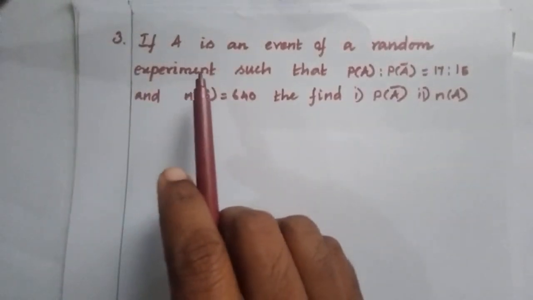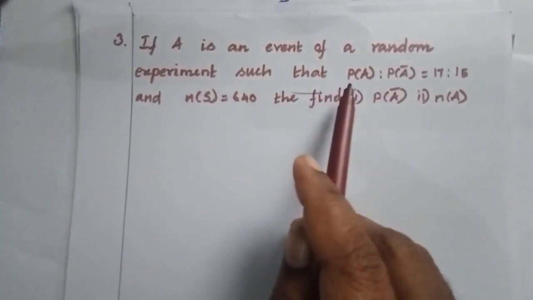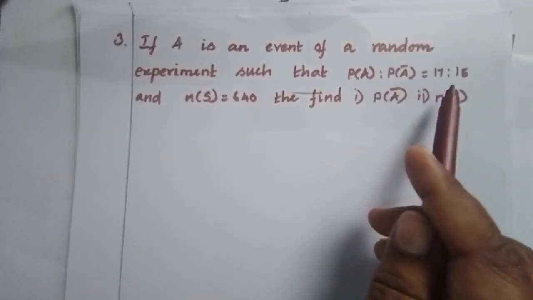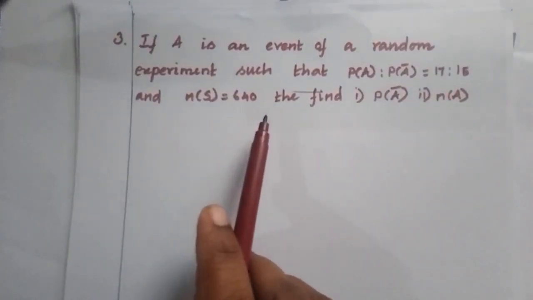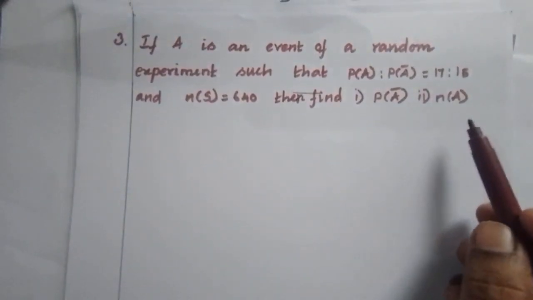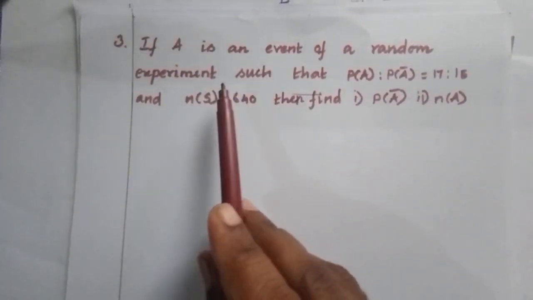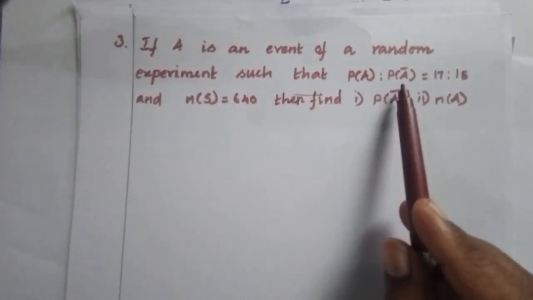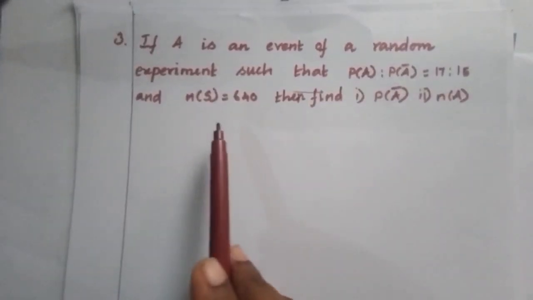Third question. If A is an event of a random experiment such that P of A is to P of A dash is equal to 17 is to 15, and N of S is equal to 640, then find P of A dash and N of A. So here they have given that A is an event of a random experiment, and the condition given is P of A is to P of A dash is equal to 17 is to 15, and the value of N of S is given in the question.